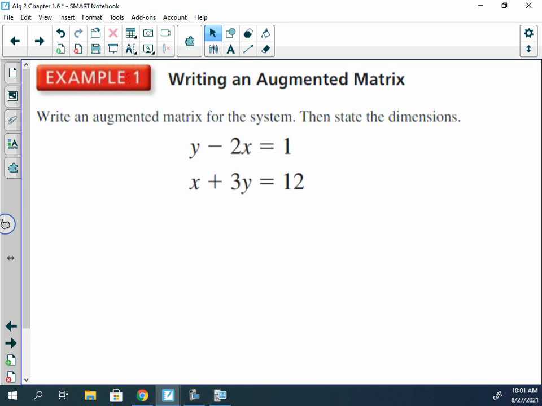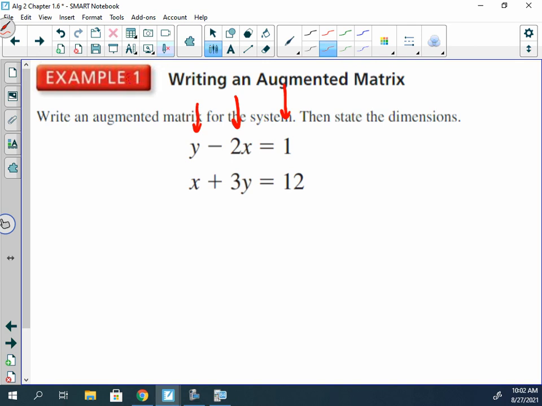So this first example here, we want to work on writing this as an augmented matrix. Now we want to have X first, then Y, then our constant terms. Well, the second equation, X plus 3Y equals 12, that's X, Y, constant term.